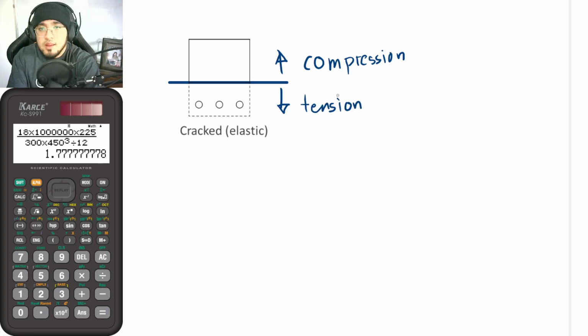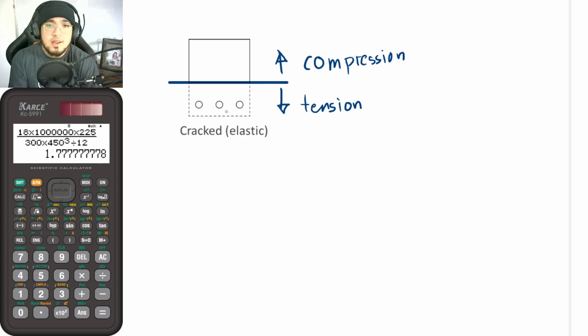Take note that this is if the beam is experiencing positive moment. If it is experiencing negative moment, the fibers on top will be the tension fibers, and the fibers below would be experiencing compression. But in our example, it is assumed that it is experiencing positive moment.